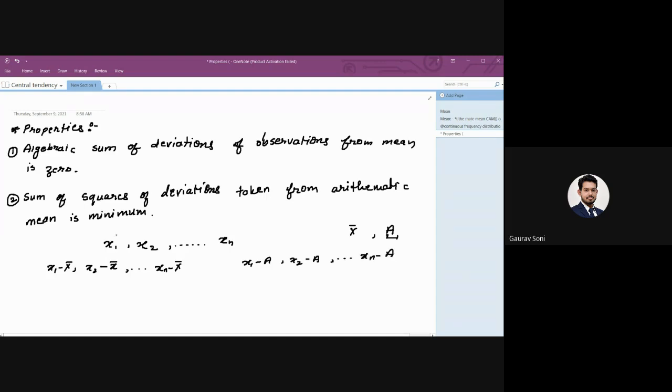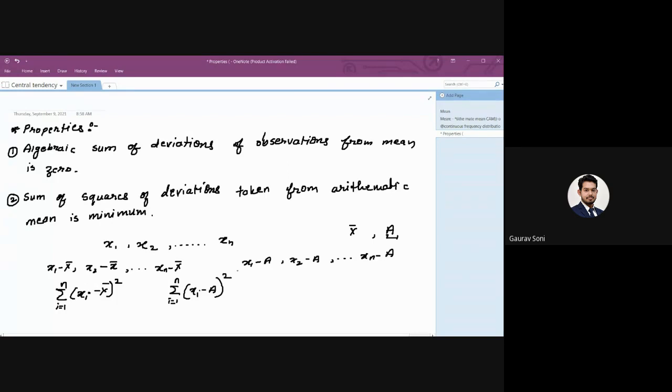Now, the sum of squares of the deviation is summation xi minus x bar square, i running from 1 to n. And we have the sum of the squares of deviations from a, xi minus a.